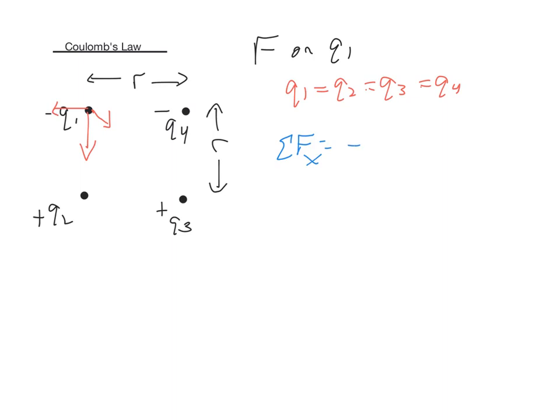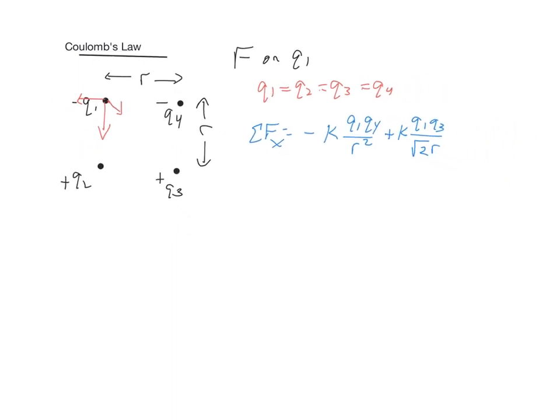So we have to the left the force of 4 on 1, and then we have the component of 3 on 1, and the distance diagonally is going to be the square root of 2 times that distance. But we also have to figure out the component. Since this is a square, we know the angle is 45, and it's the x component, so we're going to use the cosine.